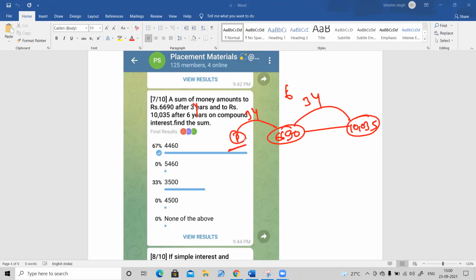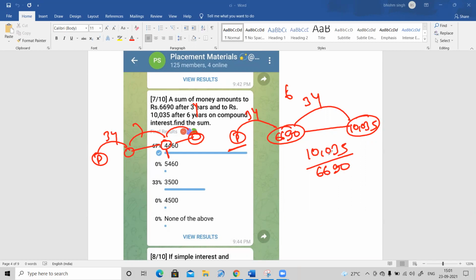See everyone, I will tell you one thing. Some amount P is there. It will become something after 3 years, then again after the next 3 years it becomes something. If you divide amount by principal, whatever ratio you get, the principal will multiply by this ratio. Like see here, 10,035 and 6690.